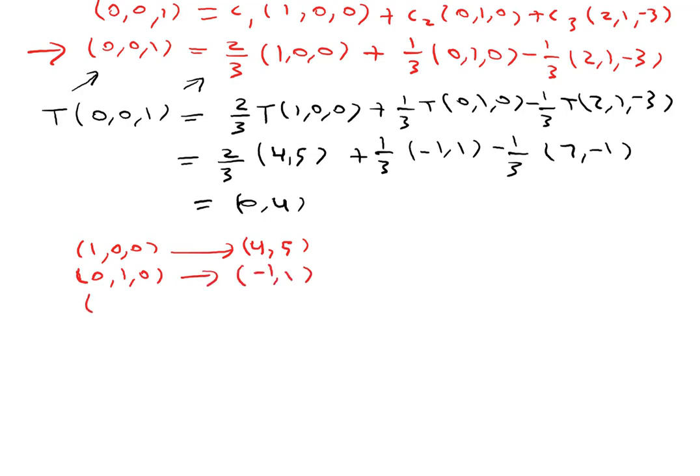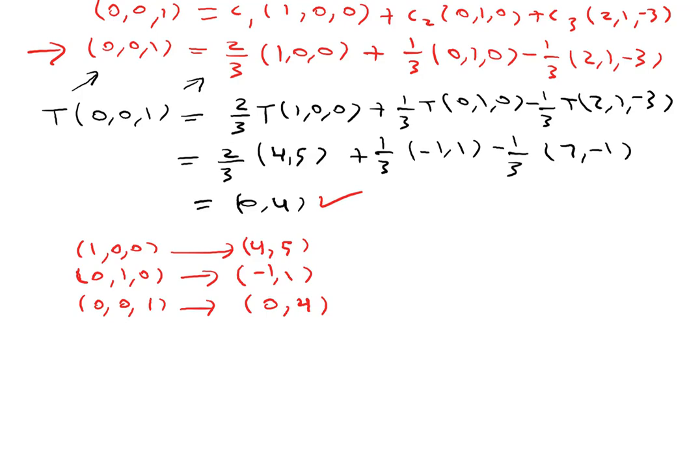We have (2, 1, -3). It's taking me to 7 and negative 1. Now we have what we found and what was missing. (0, 0, 1) is taking me to, yes, 0, 4, which is right here next to me.